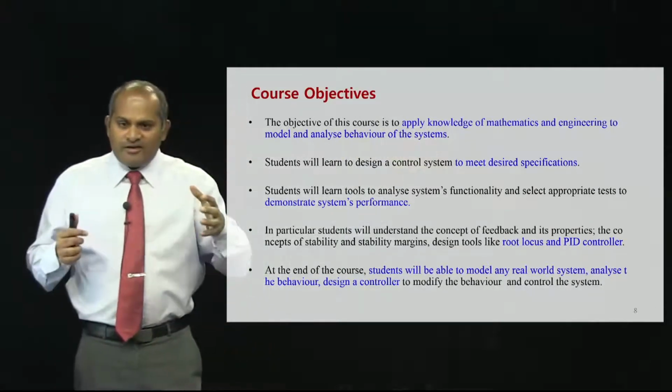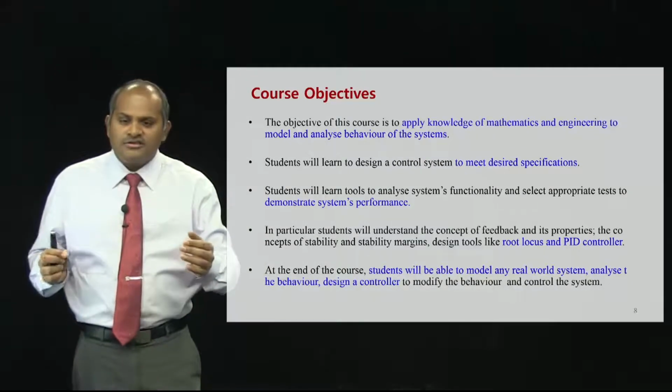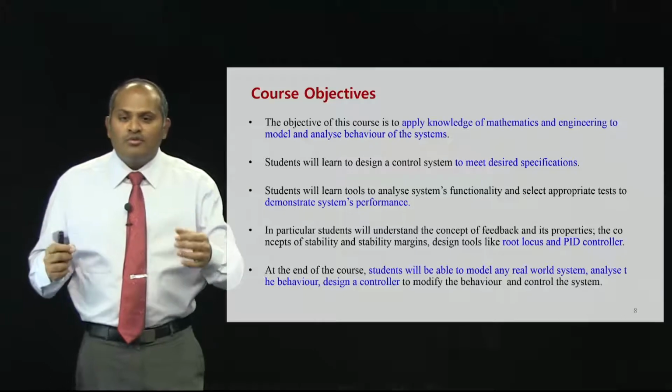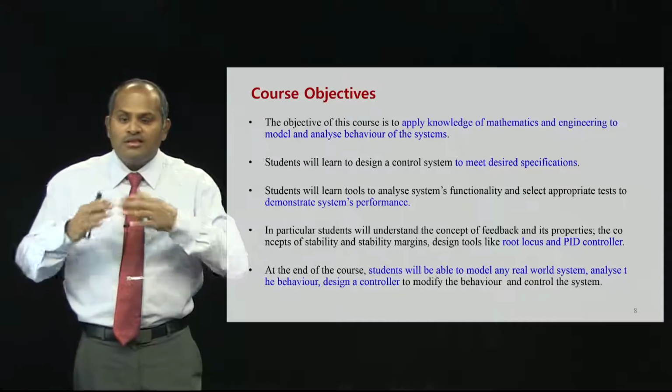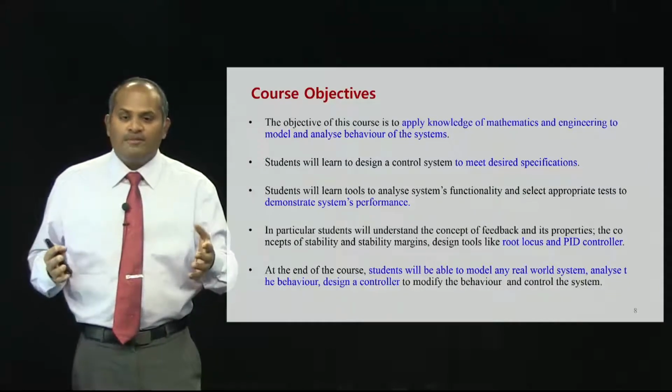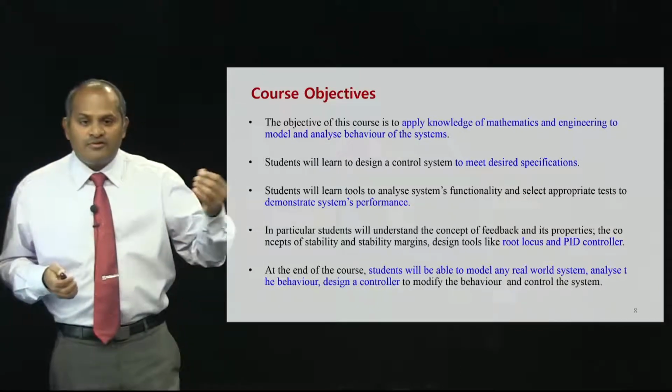So, if I have a car, I want to know how the car functions and how we can improve the performance. If you want to do that, we should be able to model the car in a mathematical form. So, developing a mathematical framework or a mathematical model is what we call modeling.